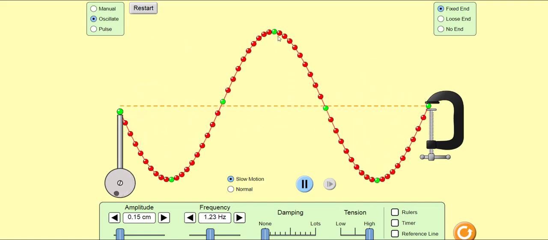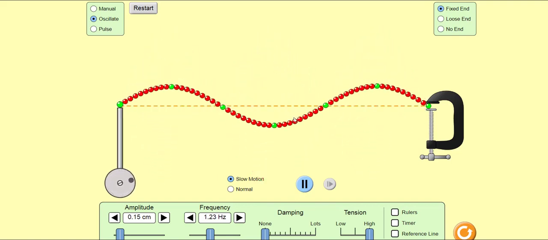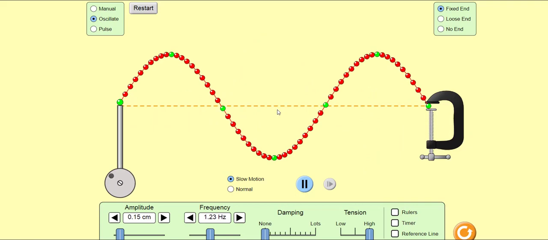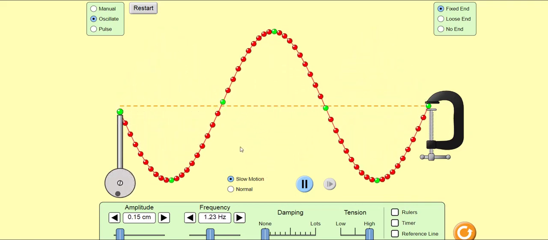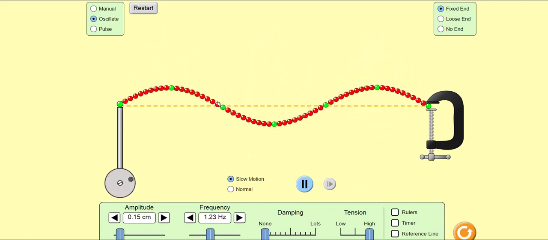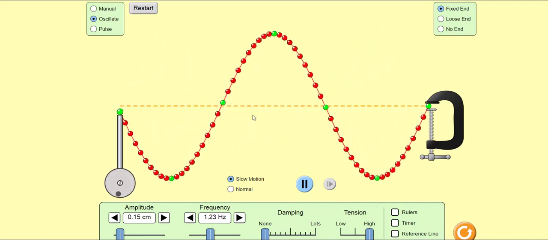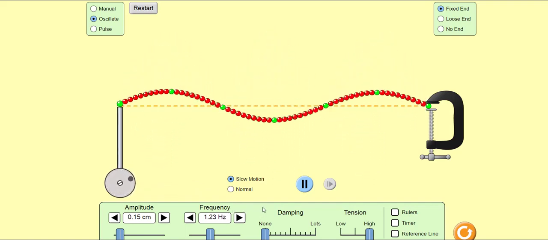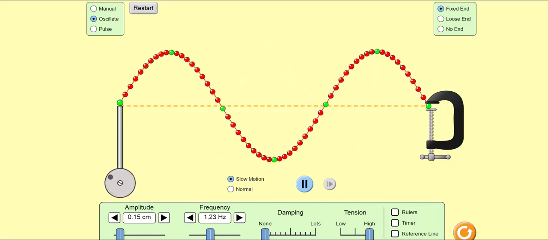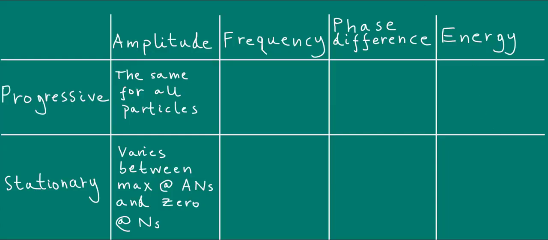So if the time period is the same for the two particles, that means their frequencies must be the same. So any particle that is not at a node has the same frequency, the frequency of the harmonic. So let's record these observations again in our table.